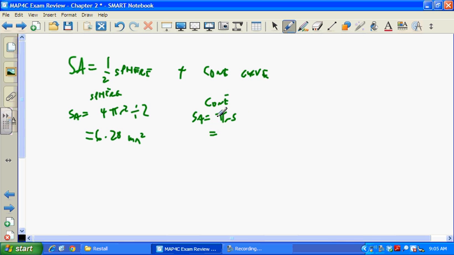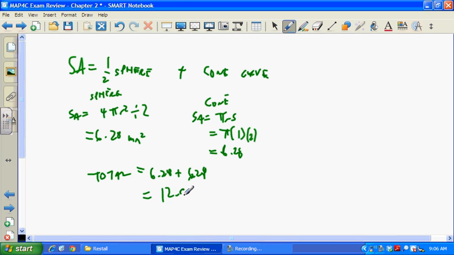No circle. The first part, pi r squared of that formula, we don't need it. Radius was 1, and the slant height was given this time as 2, and that is 6.28 as well. Coincidence there. And then the total surface area is these two added up, 12.56.